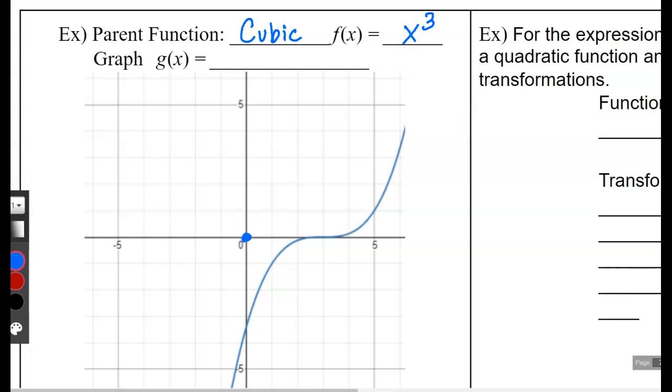So I'm just really quickly going to draw my parent function centered on 0, 0. I have a perfect point up 1 over 1 from my origin. I also have another perfect point down 1 to the left 1.